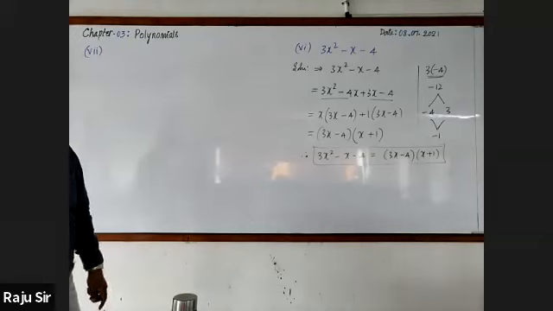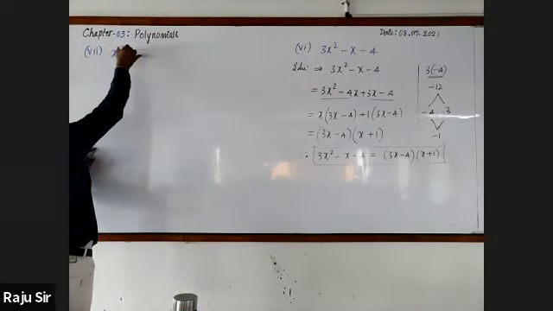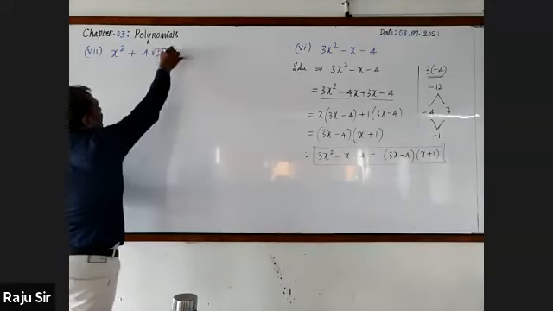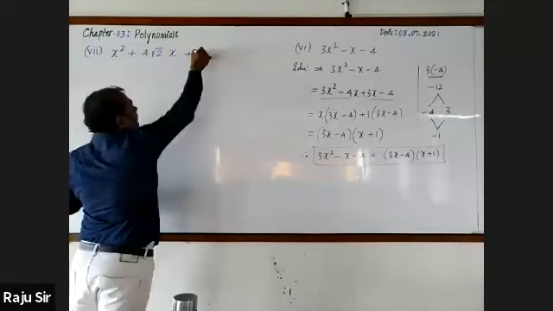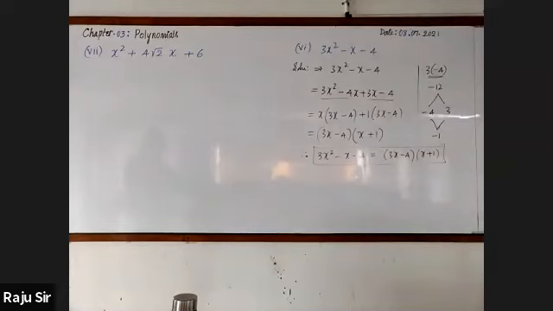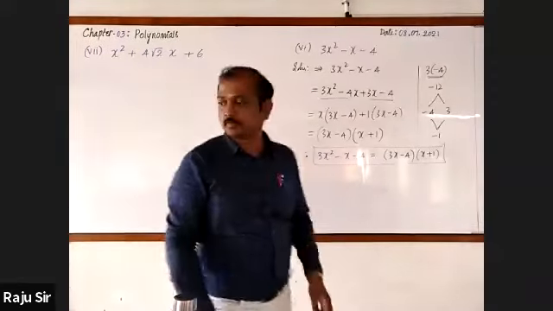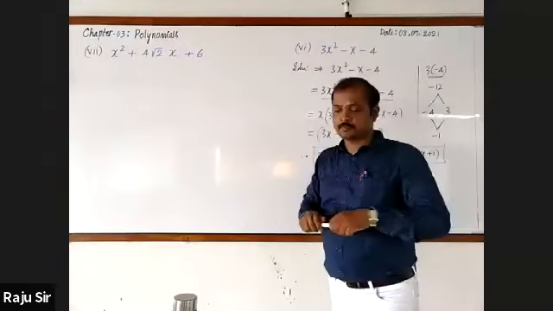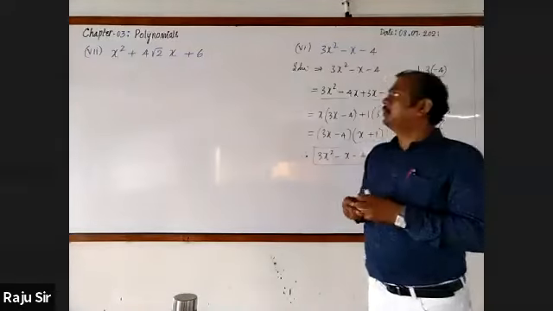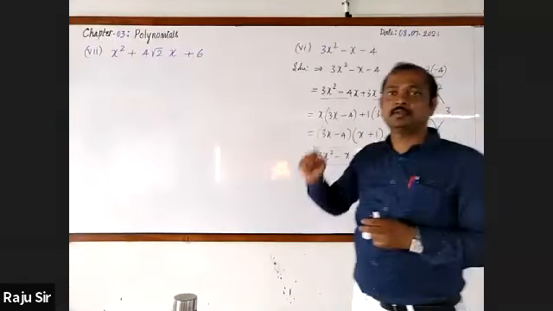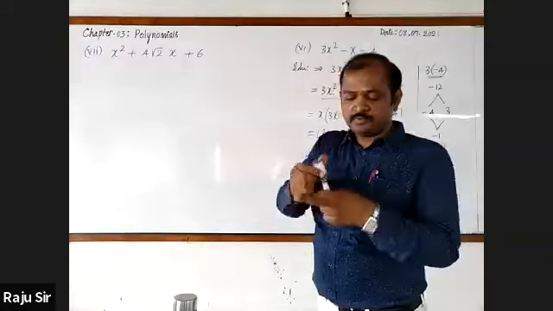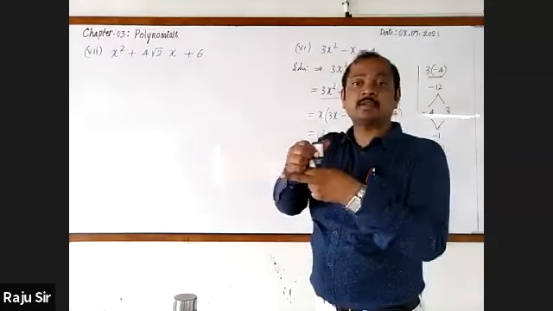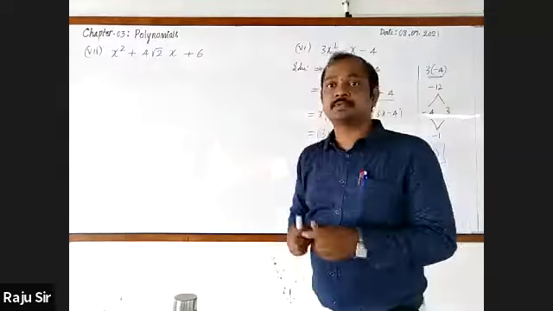This is x square plus 4 root 2 x plus 6. Students, observe here. One of the coefficients is an irrational number. We have already come across irrational numbers in the number system.